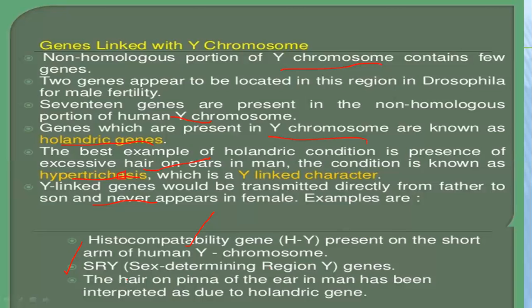The hair on the pinna, the hypertrichosis we have seen in males, has also been interpreted as due to a holandric gene. Also, some more genes are discovered on the Y chromosome: the testis determining factor, TDF, and webbing of toes, where toes number 2 and 3 are joined together.